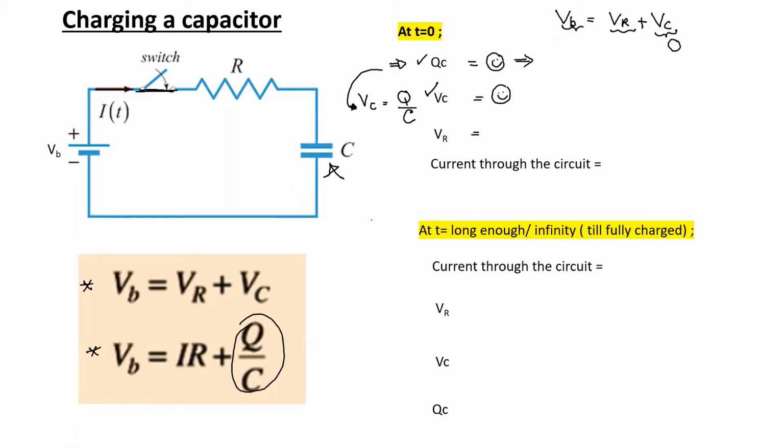The whole voltage of the battery is now across your resistor. So it is equal to VB. So this is the maximum voltage that we can have, right? Because voltage is given by the battery and the resistor is taking all the voltage now. So this is the maximum voltage the resistor can have, right? Also we know this is equal to IR.